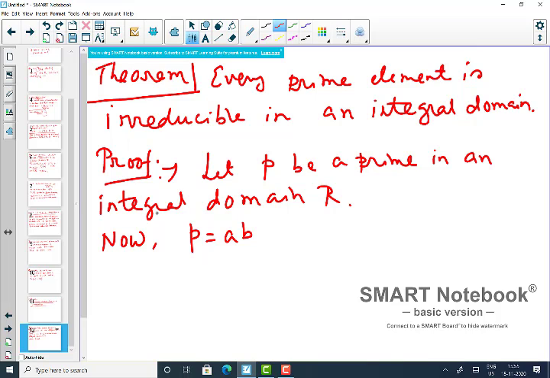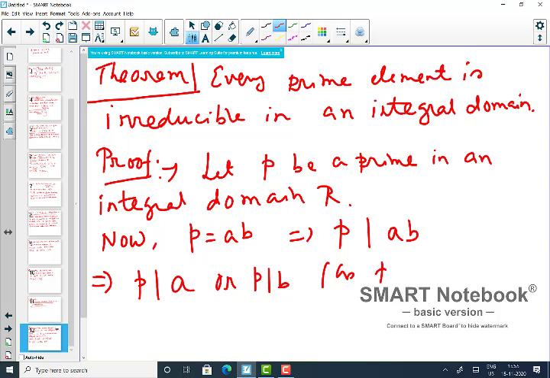Now P equals AB, so this implies P divides AB, right? P equals AB means P divides AB. So this implies P divides A or P divides B, as P is a prime. We just defined that before.